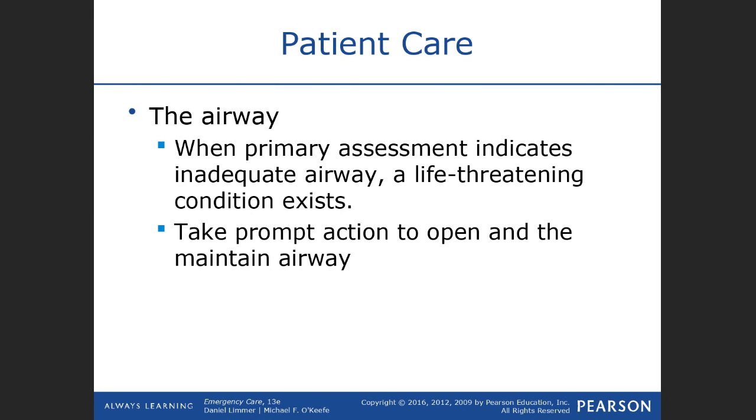You now need to move that tongue out of the airway using mechanical procedures. You will either do a head tilt chin lift or a jaw thrust maneuver. Head tilt chin lift is for your patients with no spinal injury. Jaw thrust maneuver is for patients with suspected spinal injury.